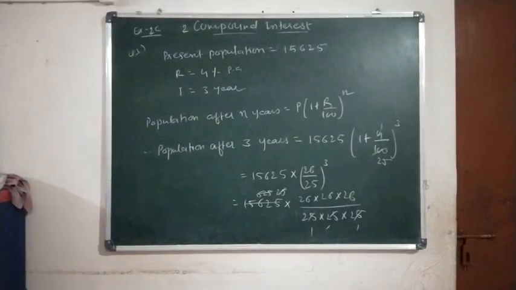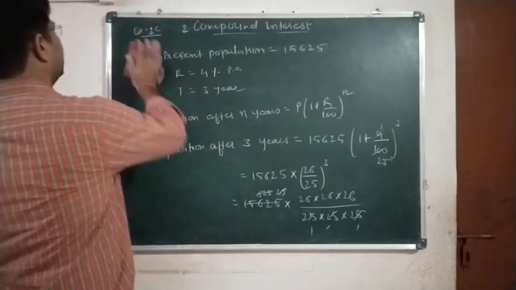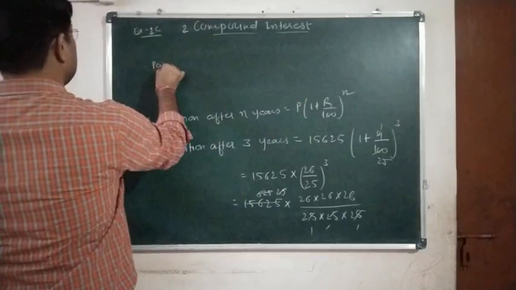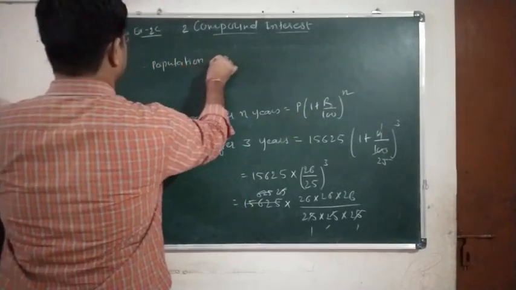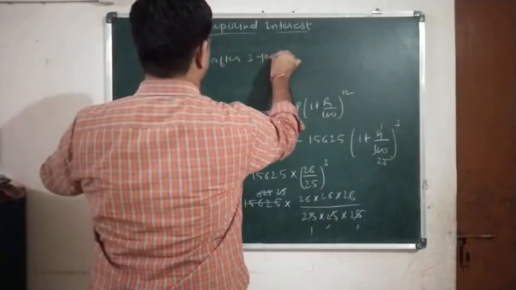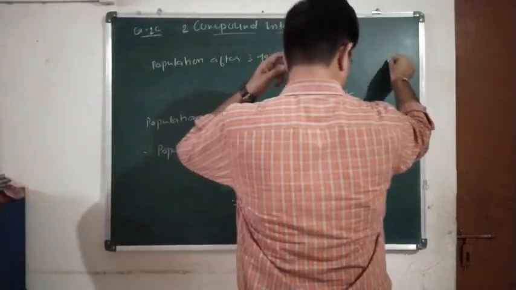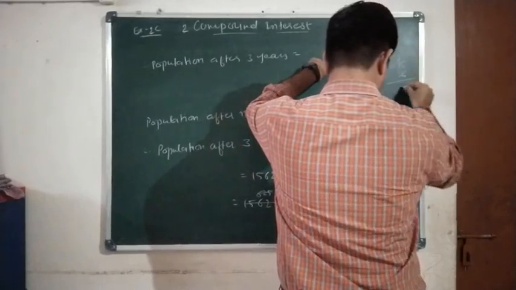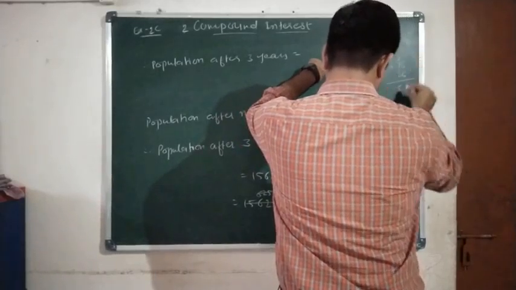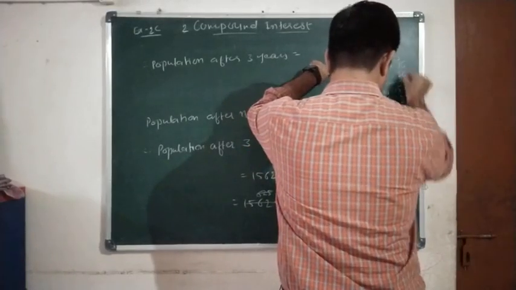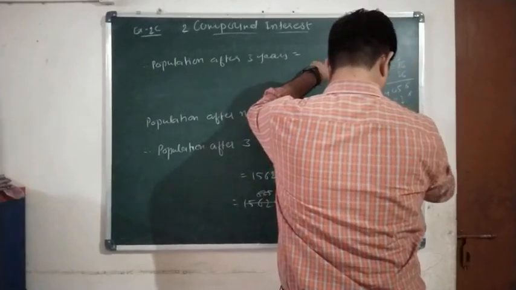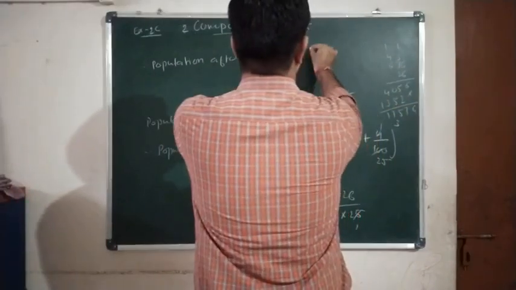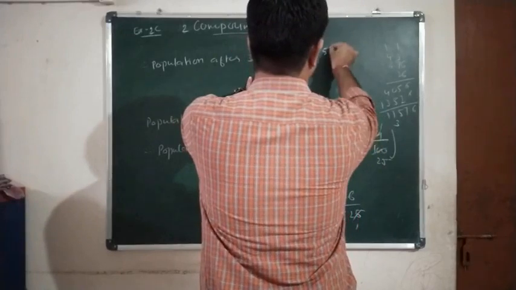Now let us multiply. Therefore, population after 3 years will be 26 times 26 is 676, into 26, which gives 17,576.